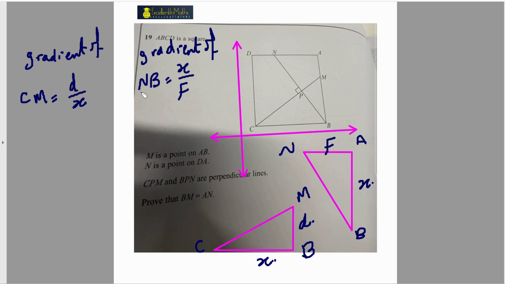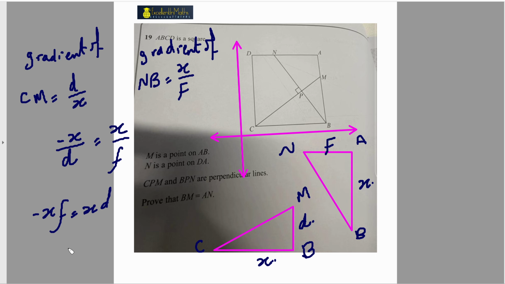These two are perpendicular gradients. It means if you take the negative reciprocal of one of them, you can make it equal to the other. So let us use this one to find the negative reciprocal. So it means negative x over d is supposed to be the same as x over f. When you cross multiply here, what do you get? You get negative xf equals xd.